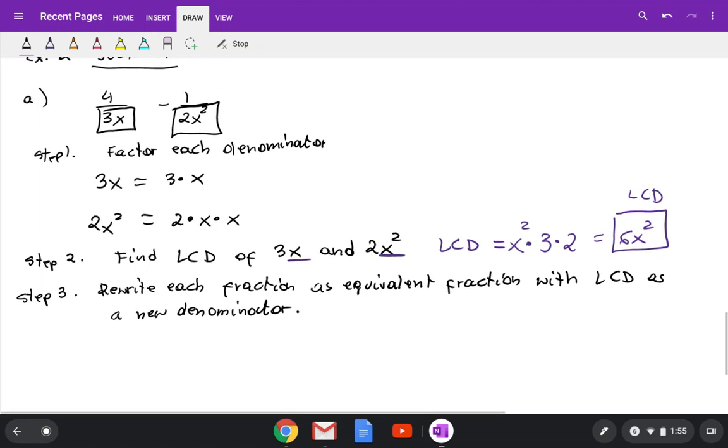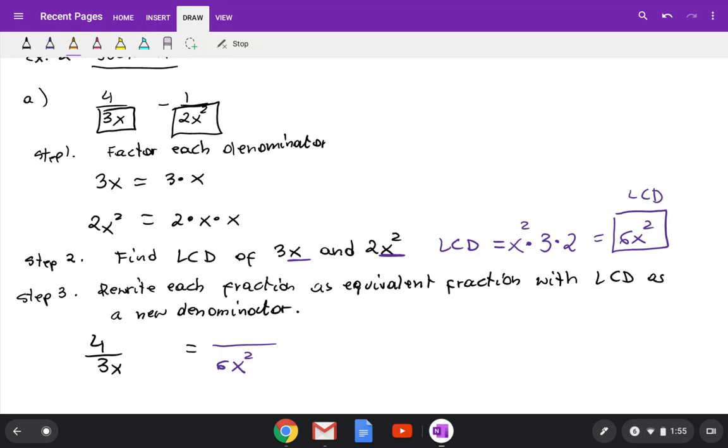Okay, so the first fraction was 4 over 3x. We're going to build equivalent fraction with denominator, which is 6x squared. That's the LCD. So how are we going to do it? We learned that in the previous section.